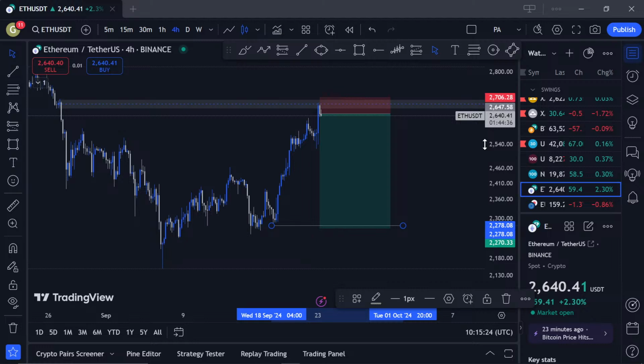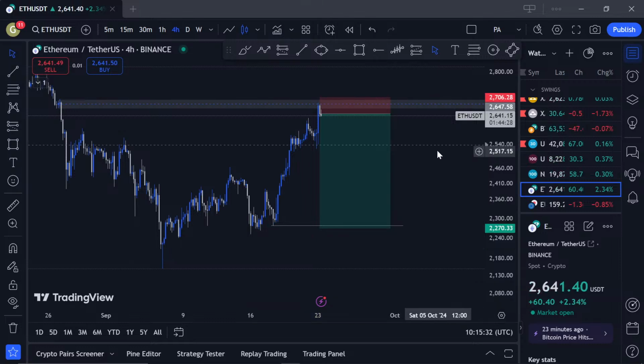If it goes in our favor, good. If it doesn't go in our favor, it's all part of trading. So I'm going to keep my alert right here to monitor it. Ethereum.